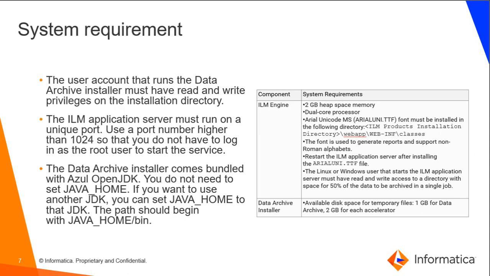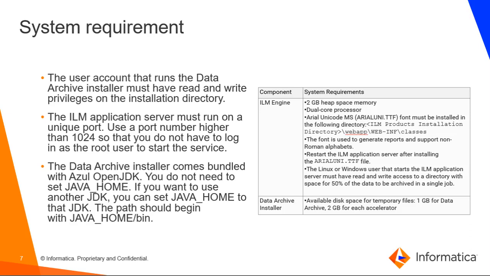When we do the installation, the ILM process will be allocated 2 GB as per the design. So we need to make sure that we have 2 GB of RAM available, which will be utilized as the Java heap space, since ILM is a Java based application.